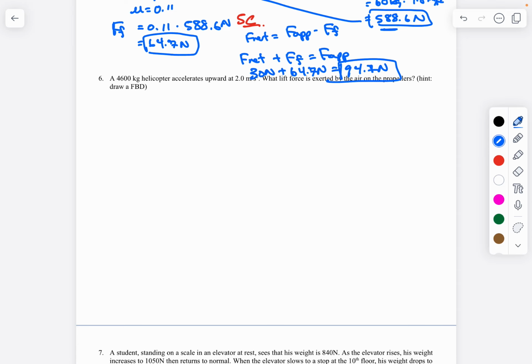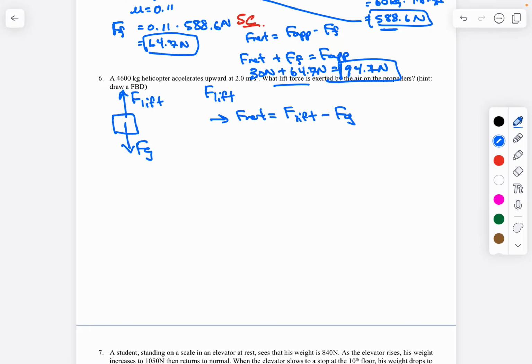So we have a helicopter, and of course there's an FG on there, and then what is the lift force required? So then you have F lift. We don't actually know how big it is, because that's what it's asking you to find. With this free body diagram, I think you can figure this out, because then you can write F net equals F lift minus FG.